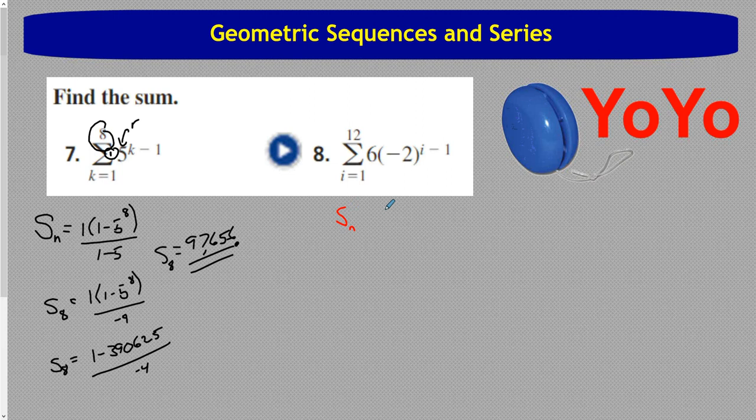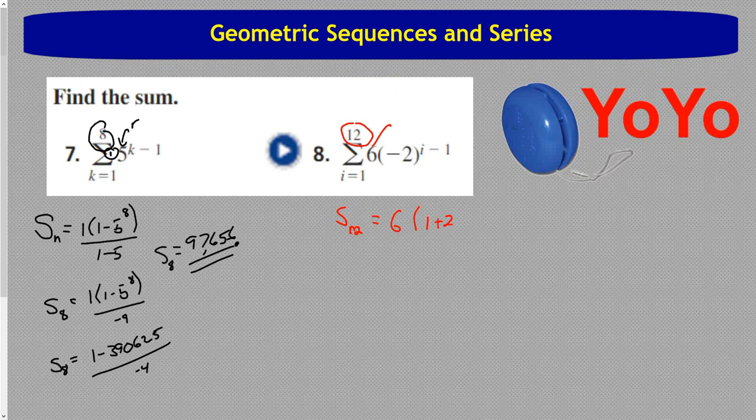Sum of, I guess this will be the first 12 terms, right? That's what this tells us. It's equal to the first term. Now, the first term is 6 times 1 minus the rate. Now, the rate is negative 2. So if I'm going 1 minus negative 2, that's really 1 plus 2, right?